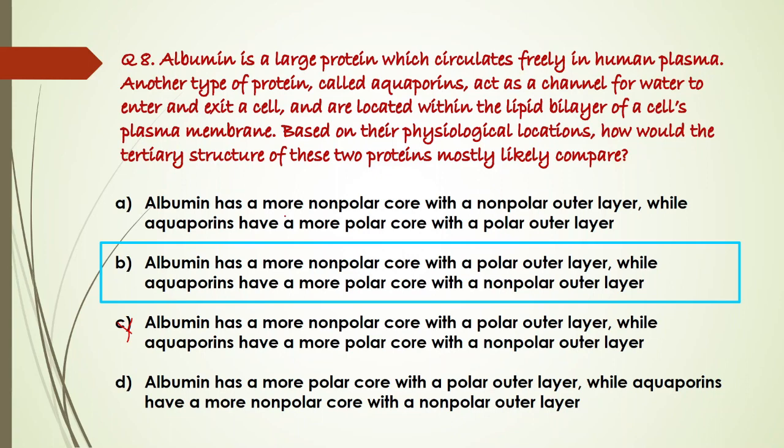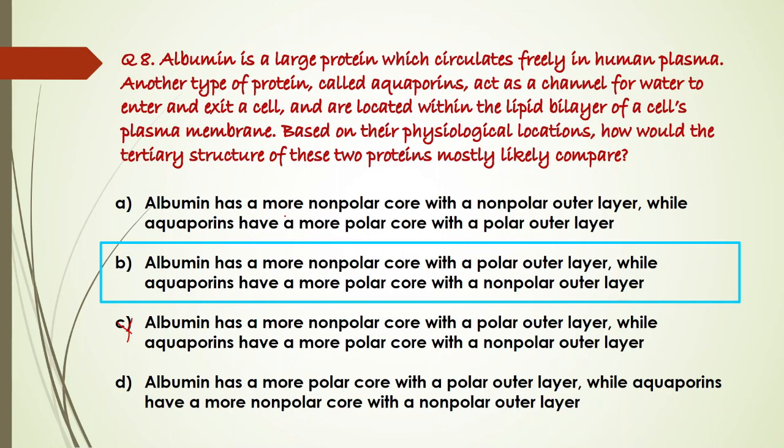So basically, it states albumin circulates freely in human plasma. So what is human plasma? It consists of water. It is a water based system. So if albumin can move freely in human plasma, or water, that means it is very stable in interacting with water molecules.